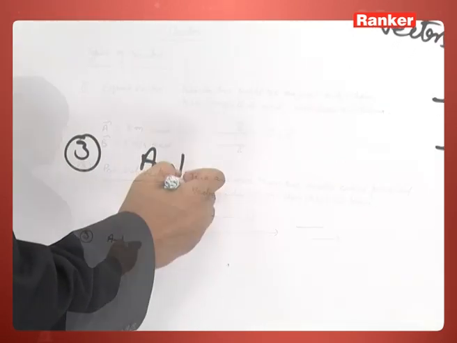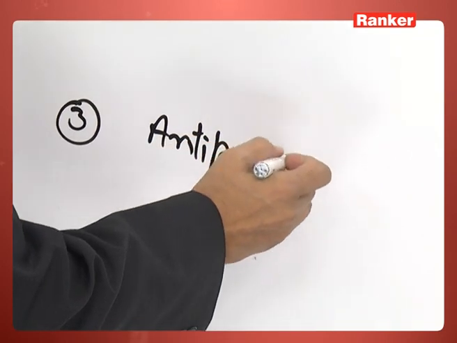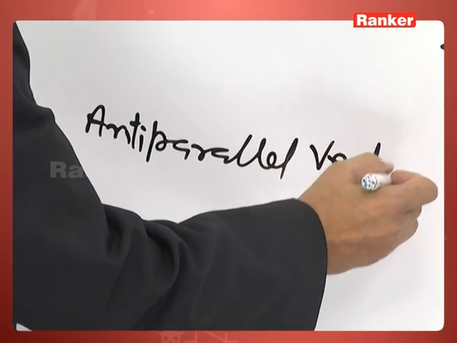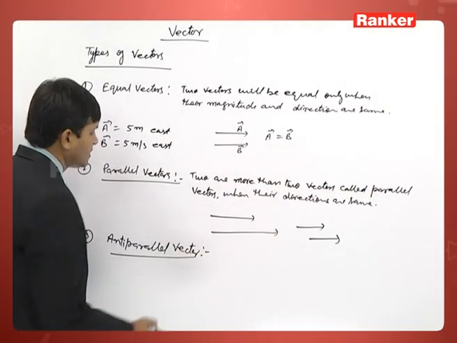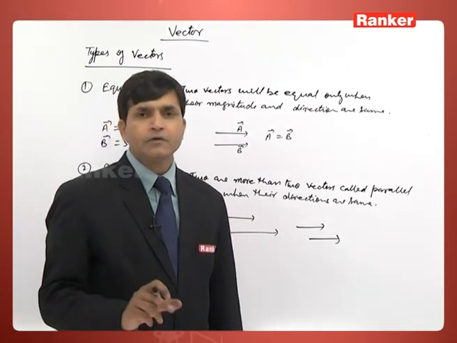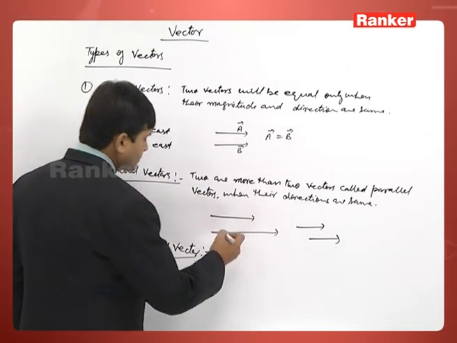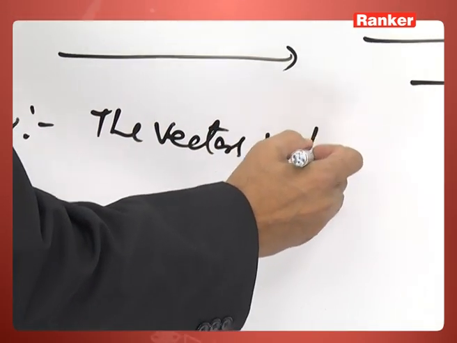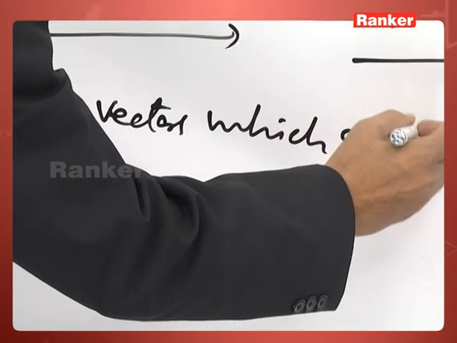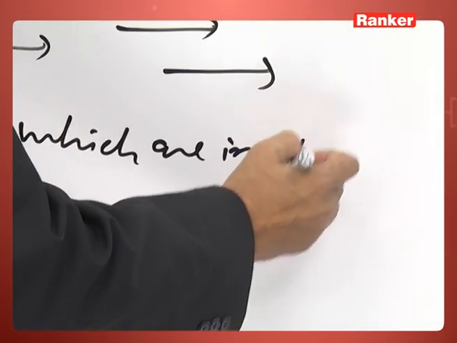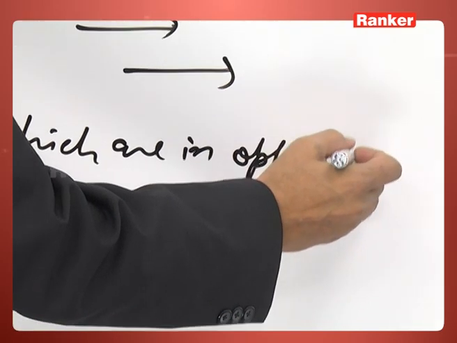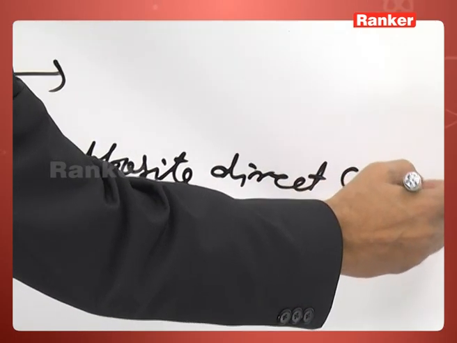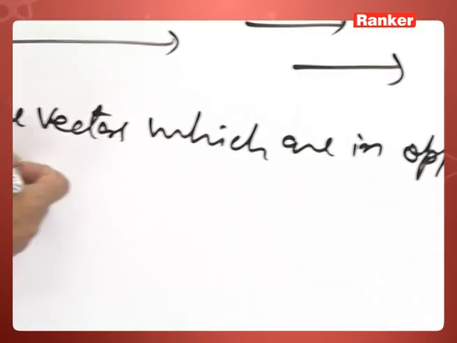Third is anti-parallel vectors. The vectors which are in opposite directions are called anti-parallel vectors.